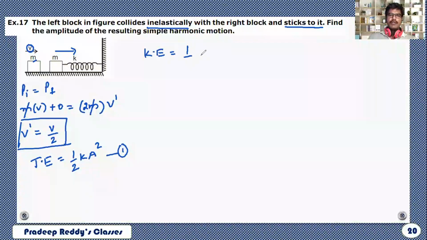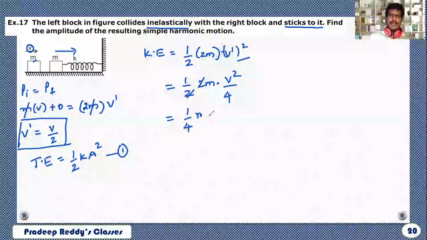Kinetic energy is equal to half into 2m into v dash whole square, because the only energy when they are in motion is kinetic energy. So that kinetic energy is half into 2m into v by 2 whole square, which is v square divided by 4. This and this get cancelled. It is 1 by 4 m v square, equal to kinetic energy.